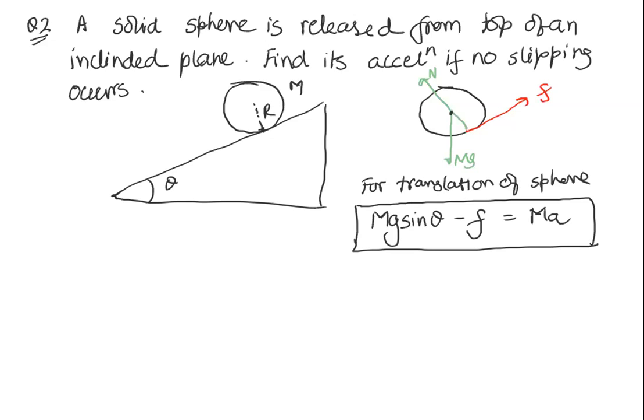I will take it as a variable. I don't know its value. Unless, you remember, this is the same phrase that was used in translational mechanics as well, unless you come across the phrase just slipping, just does not slip. It is just going to slip. It just slips. Unless this phrase or a similar meaning phrase comes along, you will never ever take the value of friction to be mu N.